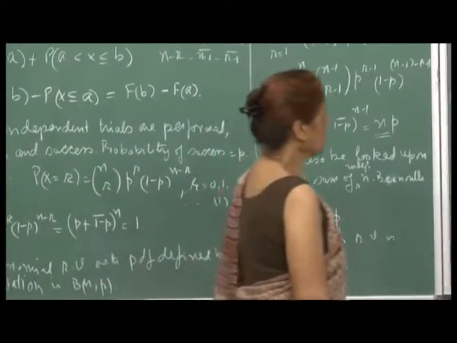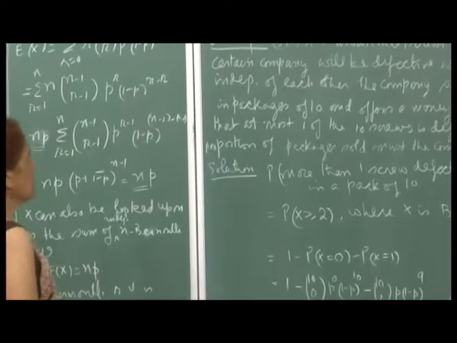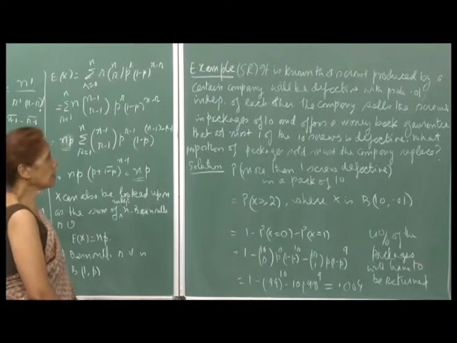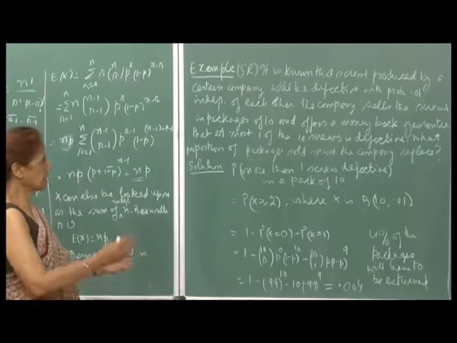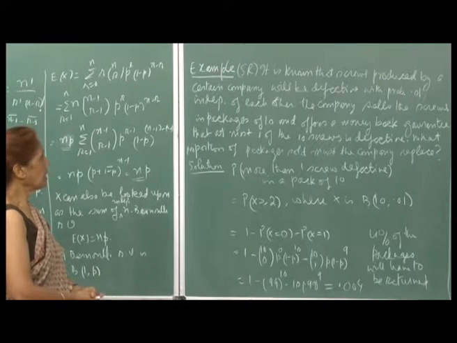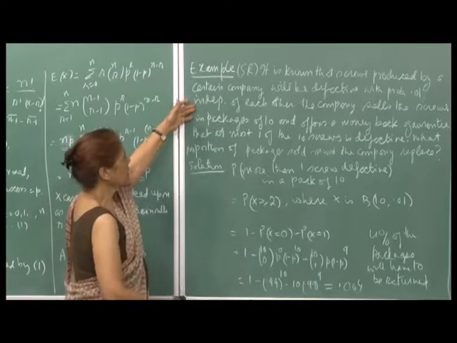Okay. Let us look at this example taken from Sheldon Ross. It says that it is known that screws produced by a certain company will be defective with probability 0.01. So, the p is given here. Here defective we are treating as a success. So, the probability of getting a defective screw manufactured is 0.01, and of course the defectiveness of the screws is independent of each other.